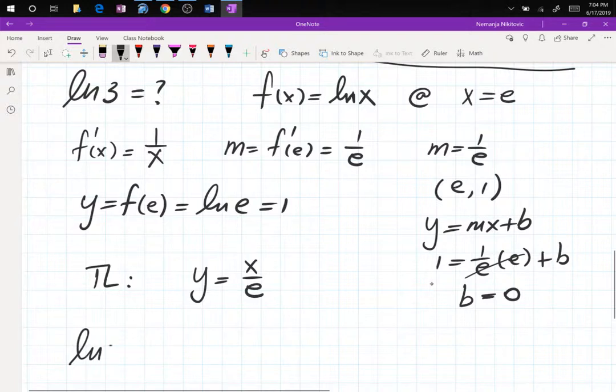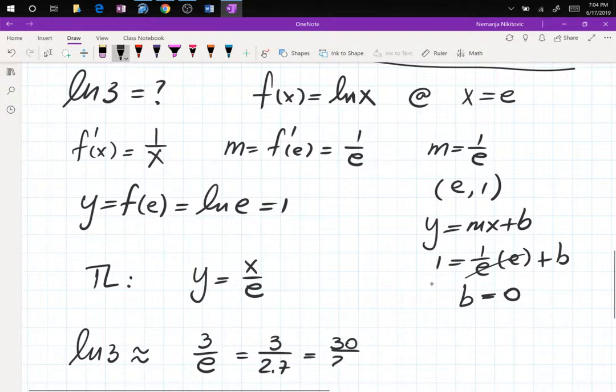So now your ln 3 is approximately equal to 3 divided by e. In this case, we have no b, so it looks weird, but that's what it is. So now you're going to say e is 2.7 as instructed. So we have 3 divided by 2.7.